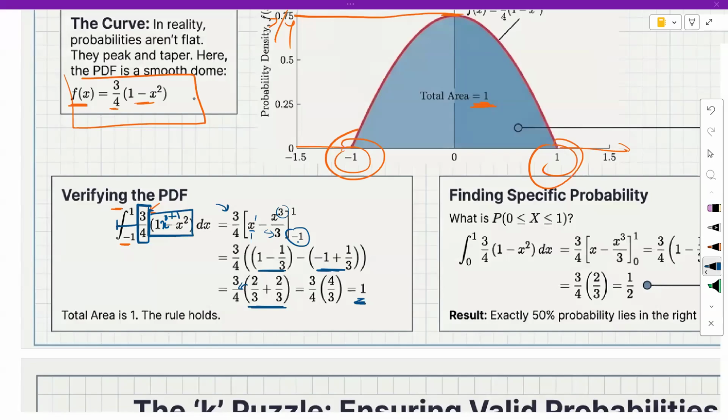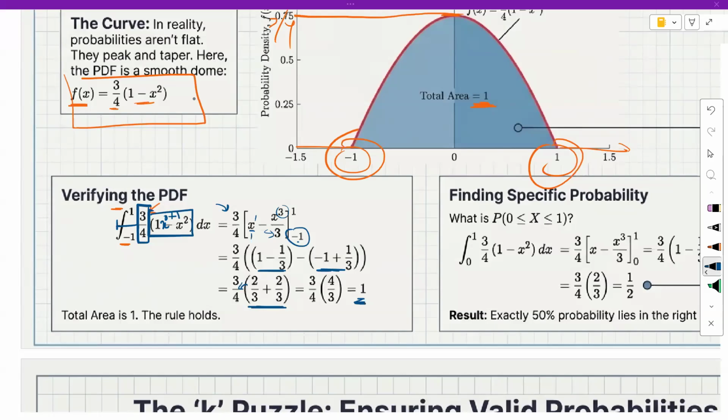Here, 3 over 4, and we use the integration function of 1 minus x square, with lower boundary -1 and upper boundary 1.